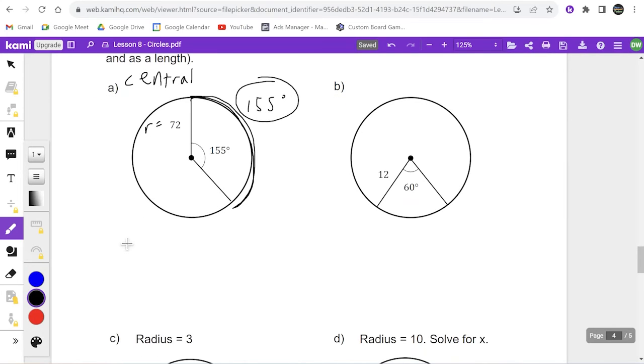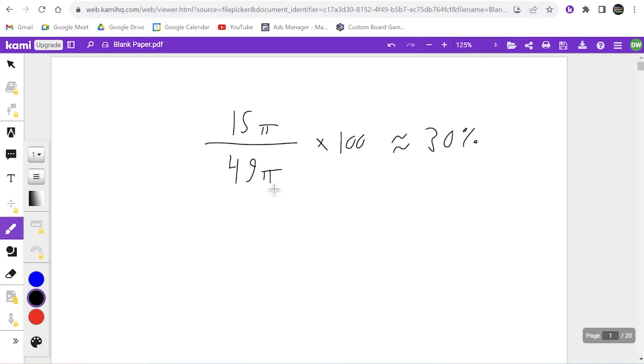So I'm going to be plugging in the equation L over 2 pi r, where r is 72, equals the degrees for theta, 155, divided by 360. And now if I want to solve this, I'm going to have to cross multiply. And this is where you're going to need a calculator for today. But here's what I get.